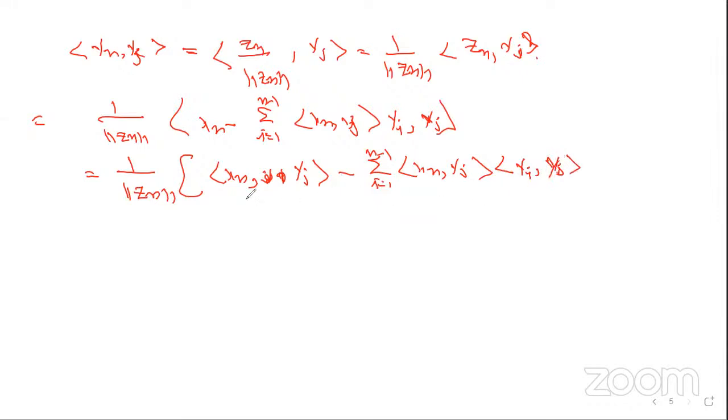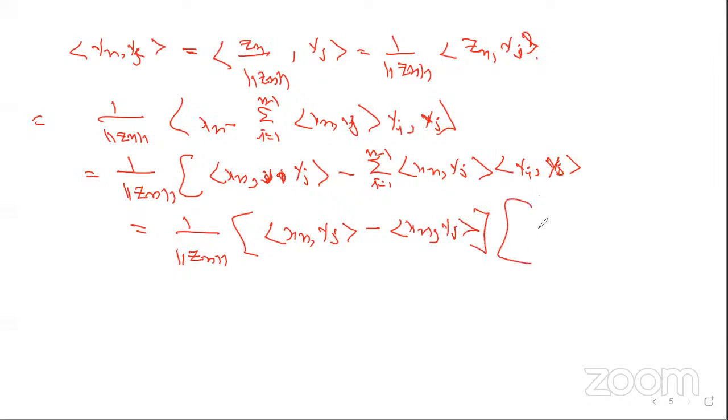So that equals 1 divided by the norm of zn times the inner product of xn comma yj minus the inner product of xn comma yj.